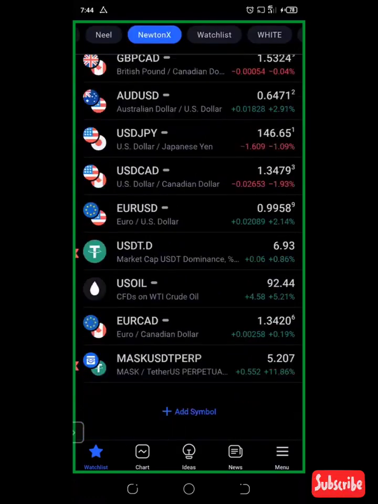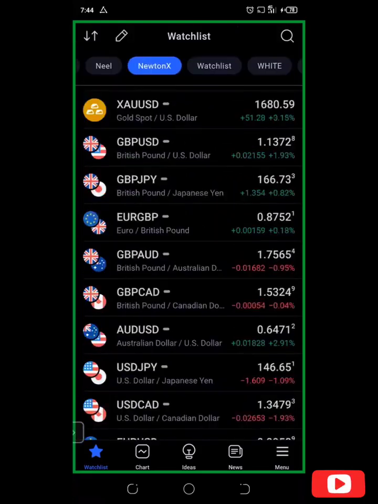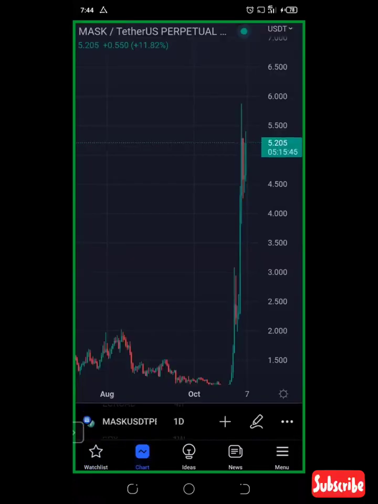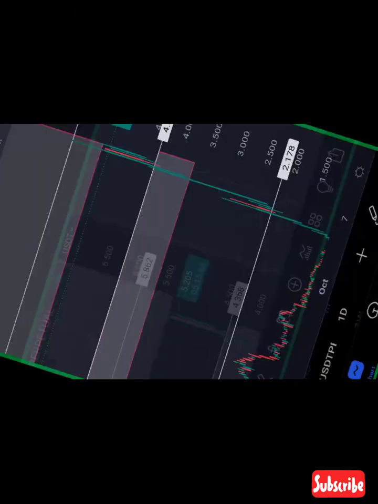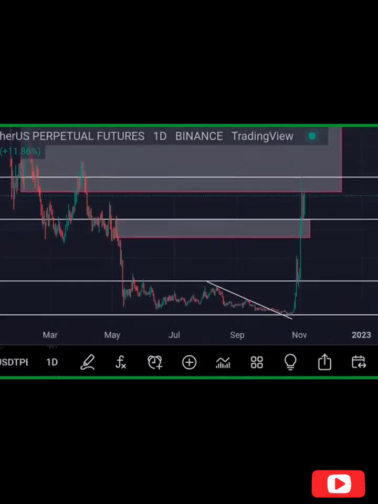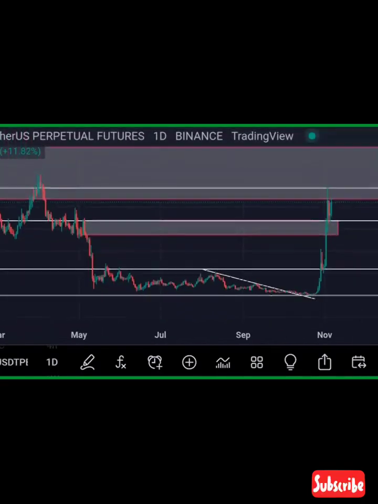Look at my watch list on TradingView. This is where I come to check on my coins. It just makes it easy for you. Look at the interface. It's so easy, flexible to use and very sophisticated when you use it to chart.